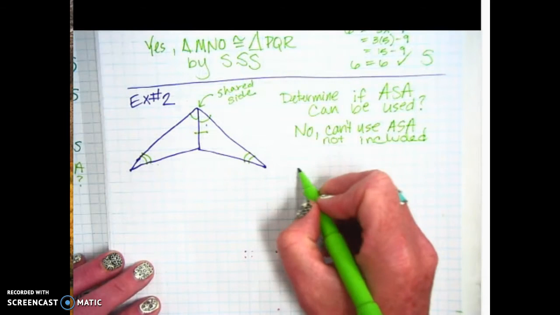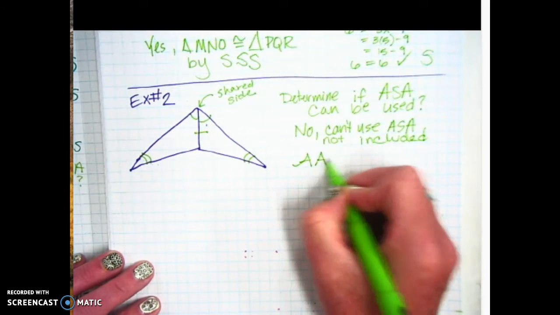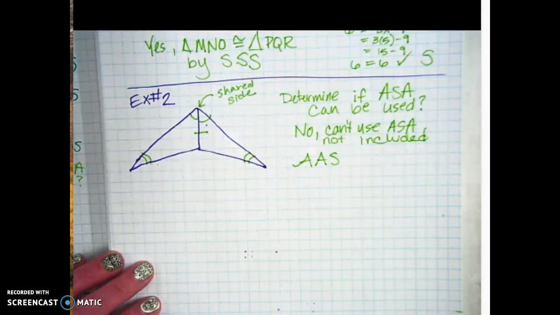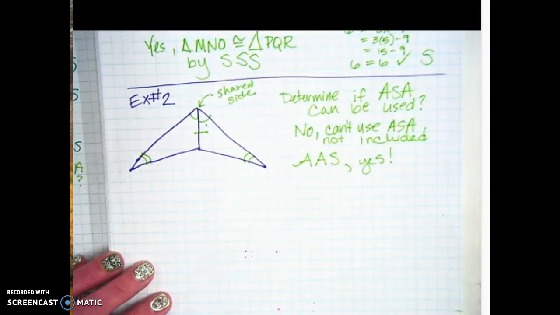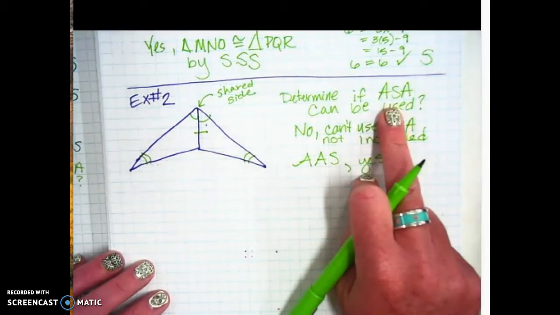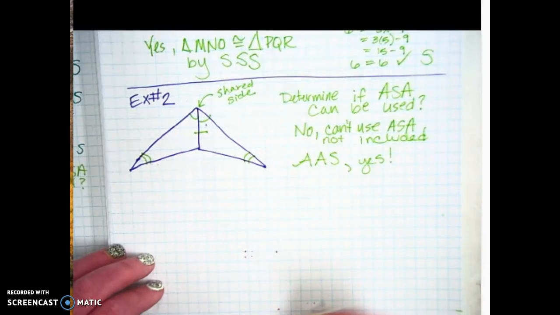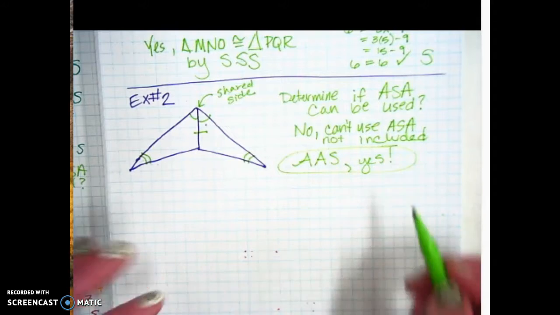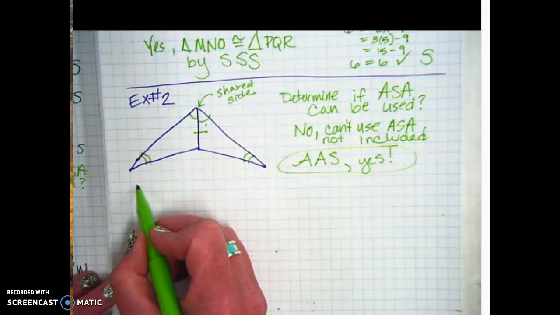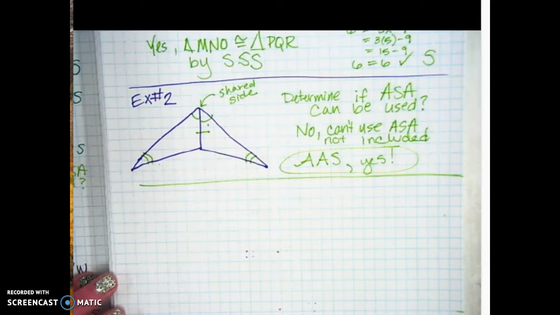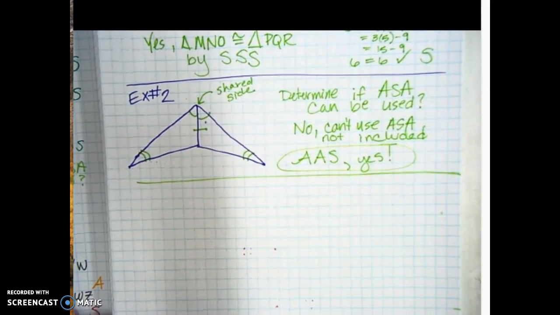If we were asked about angle side, is that one of the 5 congruences? Yes. That one would work. But the question asked us angle side angle, so the answer is actually no. If they'd asked us angle side, we would have gotten a different answer. All right? Any questions on example number 2?